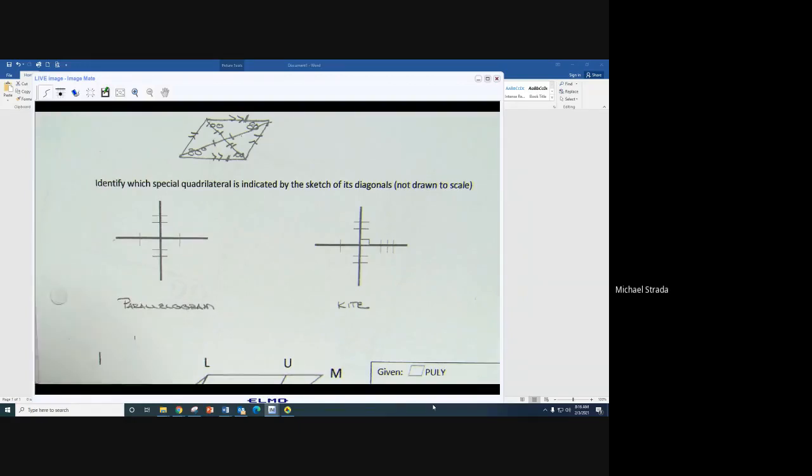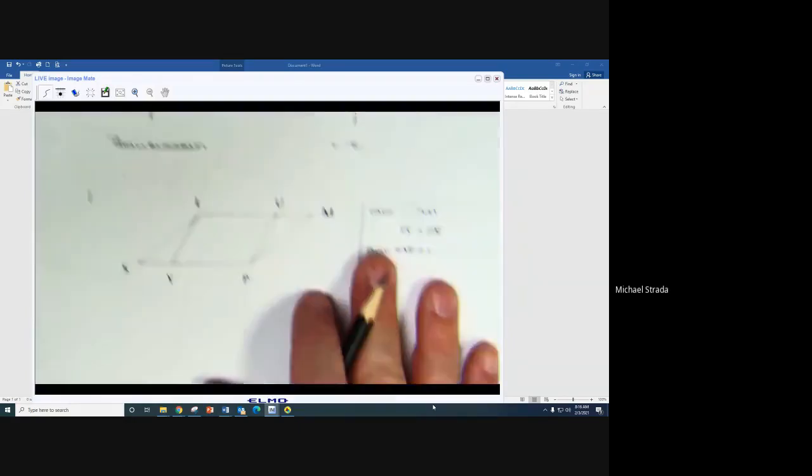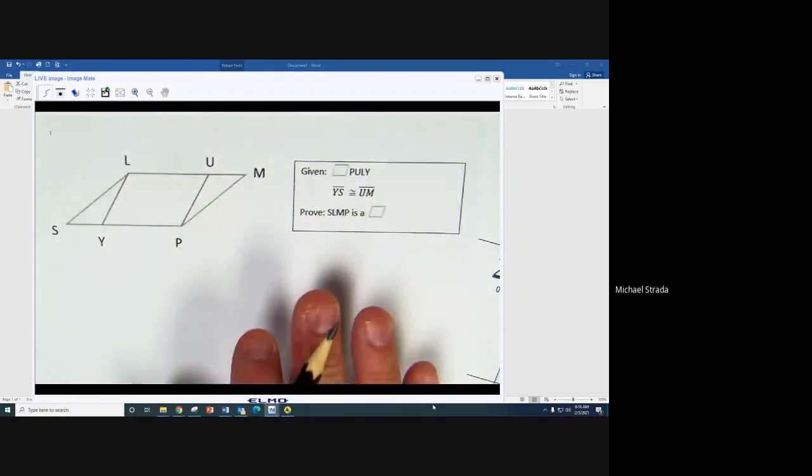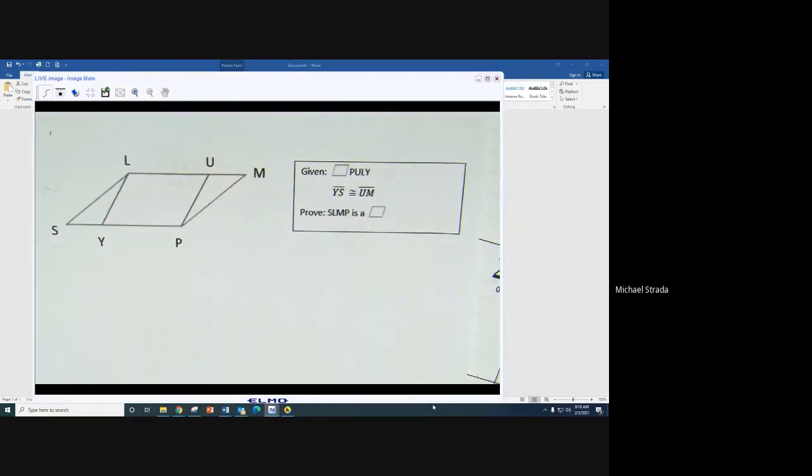All right, everybody good? All right, so now what we're going to do is take a couple minutes to plan or start that proof. You will have one proof on your quiz on Friday. And it'll be two columns.